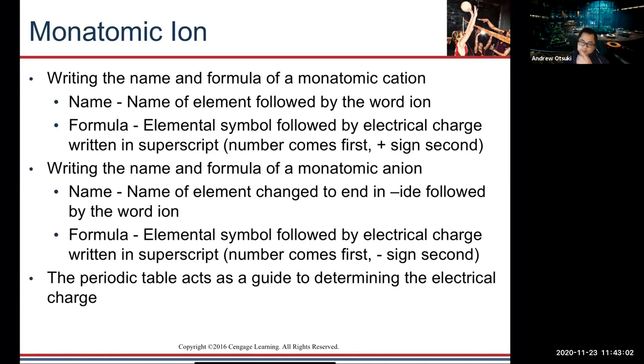We do not say sodide ion. That doesn't sound right. So we only change the ending for anions. For example, chlorine: when we're talking about the ion, we call it chloride. So we take the ine of chlorine, drop it, add ide, and say chloride ion.